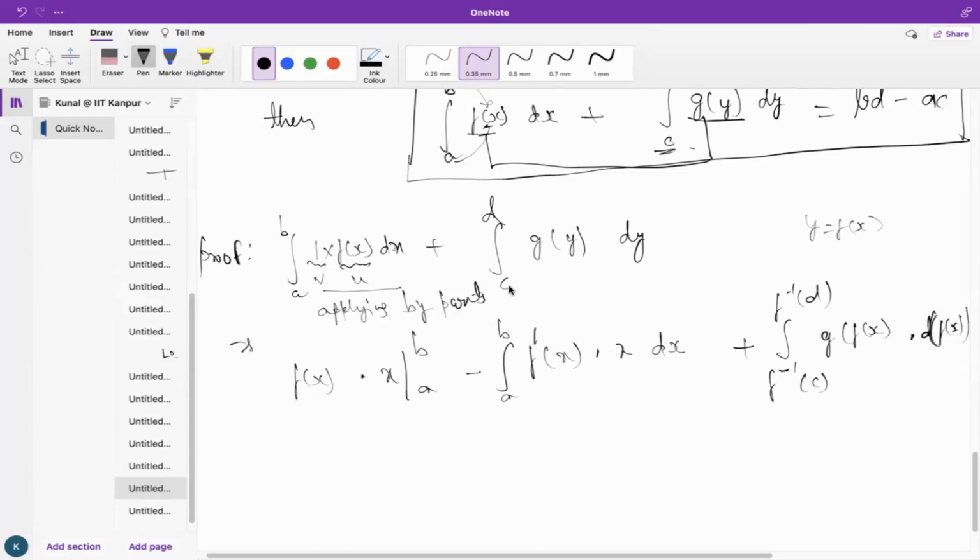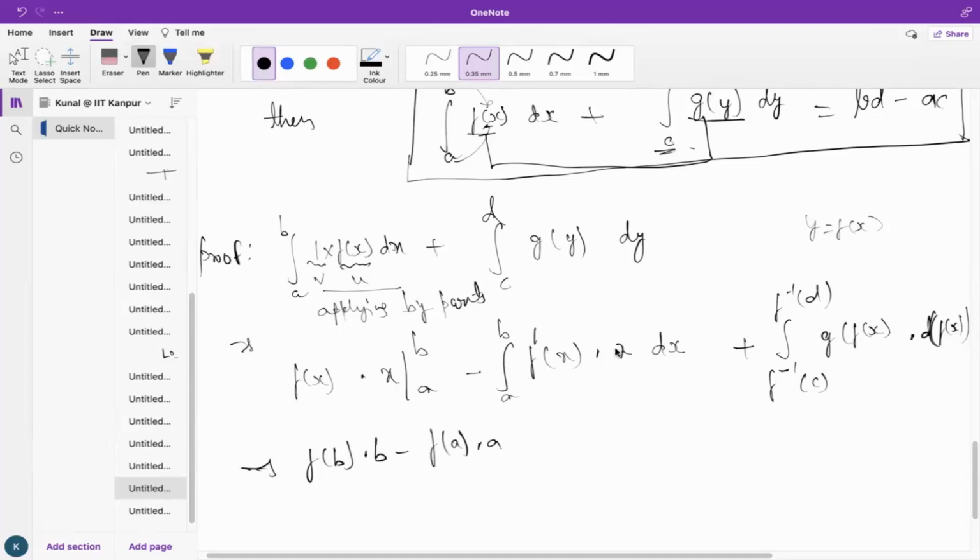So first it was written y is equal to c. Now it is written f(x) is equal to c. So the x value is f inverse of c. When we substitute here, we get f(b) times b minus f(a) times a.